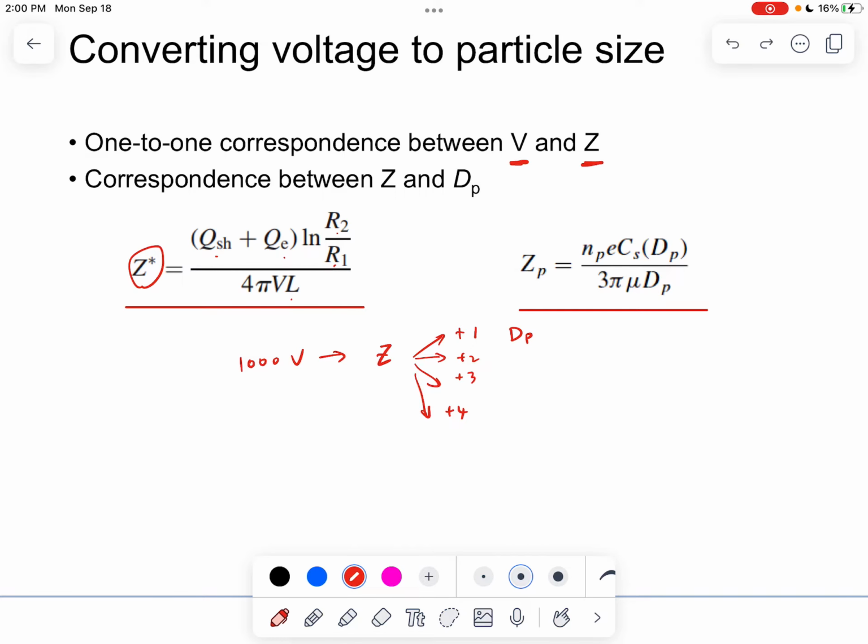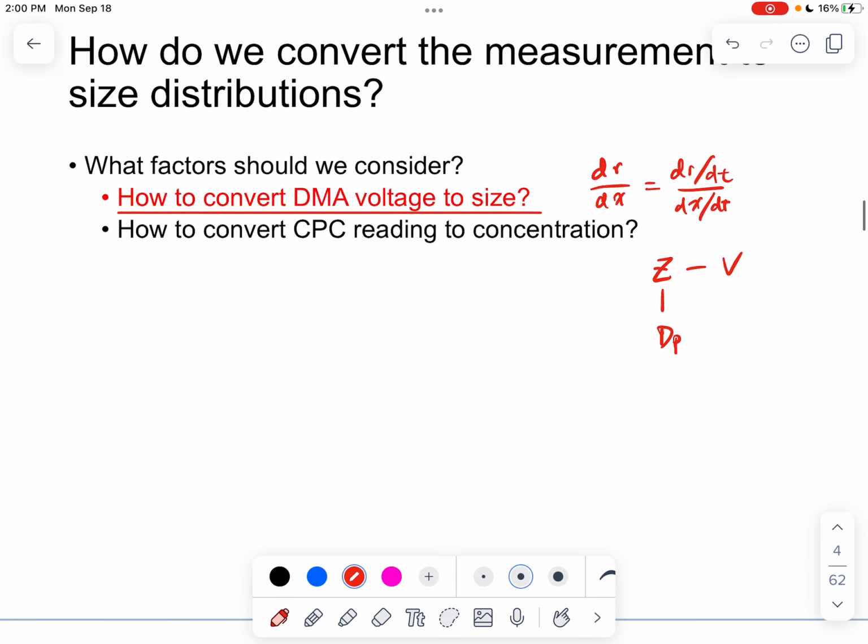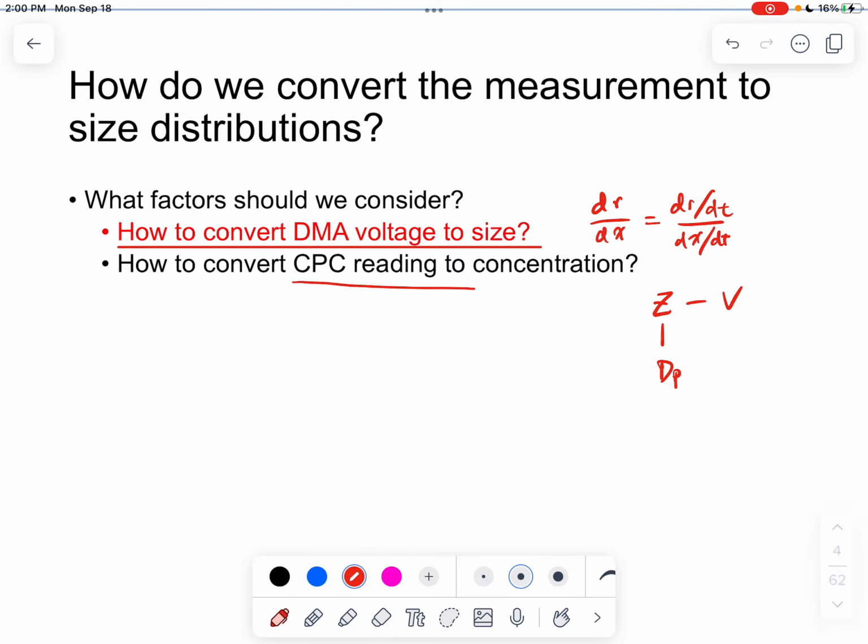So basically, you can calculate the electrical mobility size of a particle that corresponds to this 1000 volt voltage, right? So then to convert the SMPS measurement, we also need to convert the CPC reading to the concentration, right?